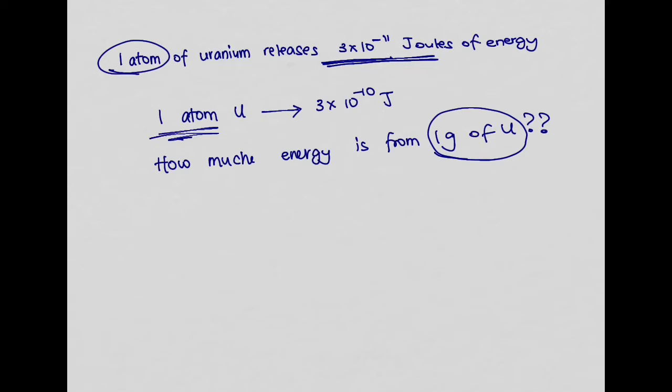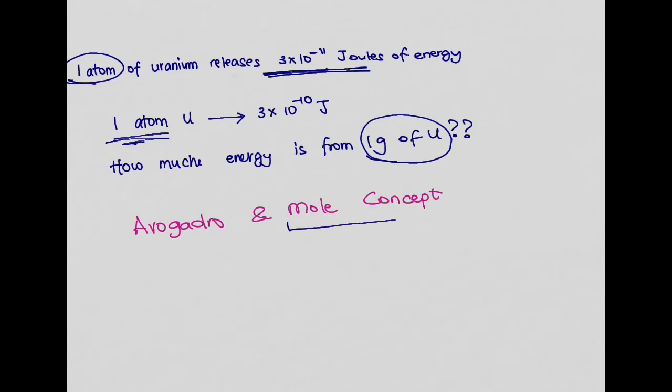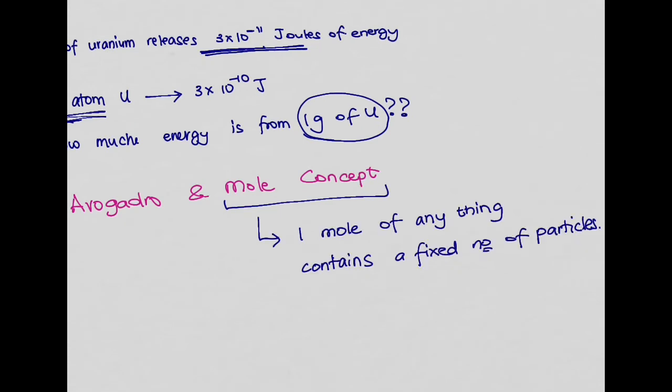To allow us to do this, we're going to use information that we got from Avogadro's and the mole concept. The mole concept says that 1 mole of anything contains a fixed number of particles, just like one pair of socks will always contain 2 socks. So 1 pair of anything contains 2 of that particular object.